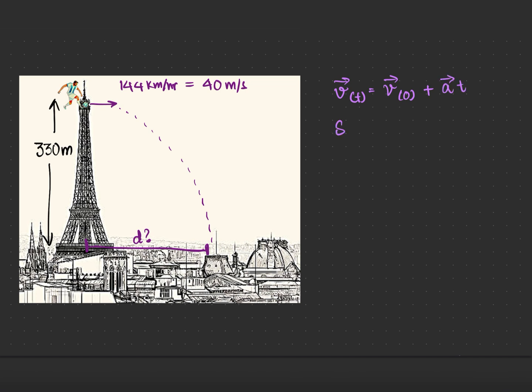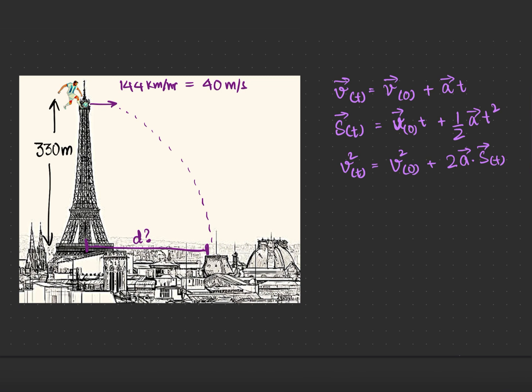The second equation is the displacement at t equals the initial velocity times time plus half a t squared. And the third equation is the velocity squared at time t equals the velocity squared at the beginning plus 2 times a dotted with the displacement vector at time t.